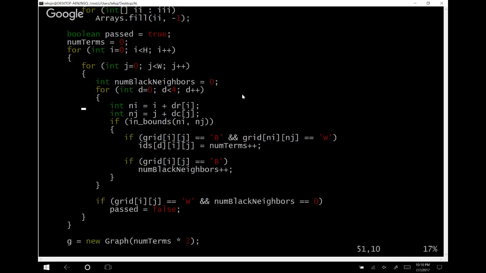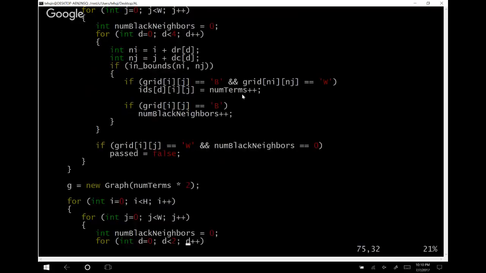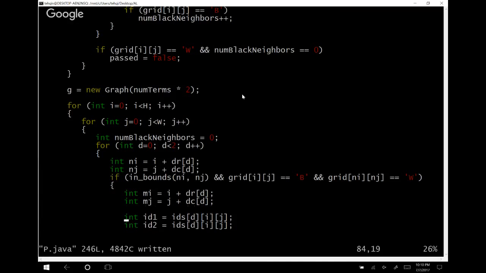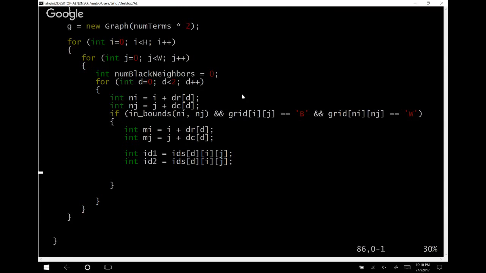And this should also be these. Fixing my bugs. And then I will do mj. And this is also the IDs.